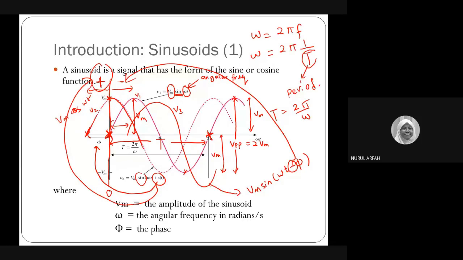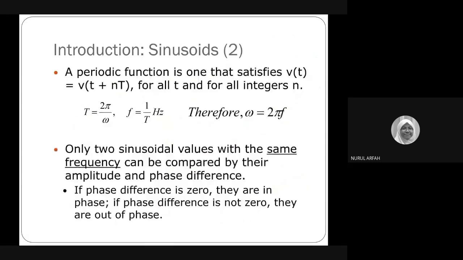If you're going to compare 2 signals or 3 or more, then you need to have some conditions that you need to observe. So what are they? Look at the second part here. Only 2 sinusoidal values with the same frequency can be compared by the amplitude and phase difference.